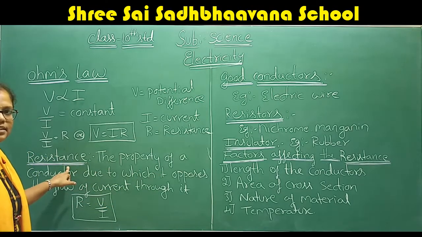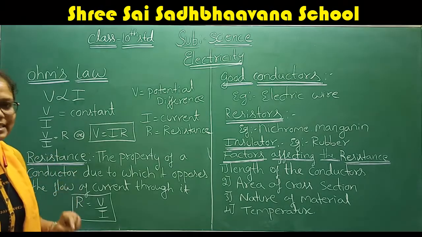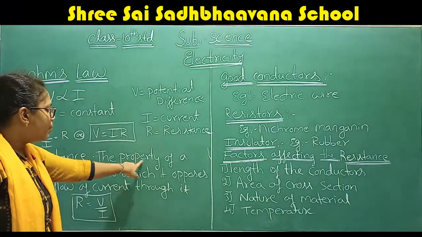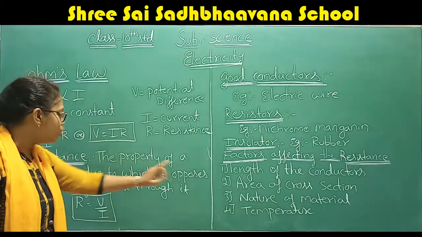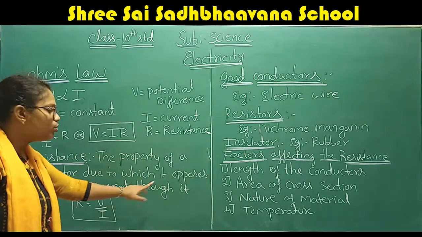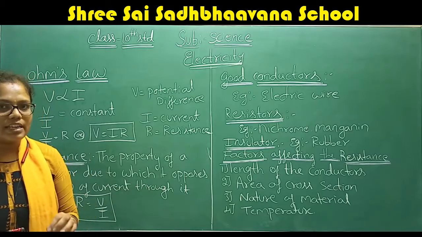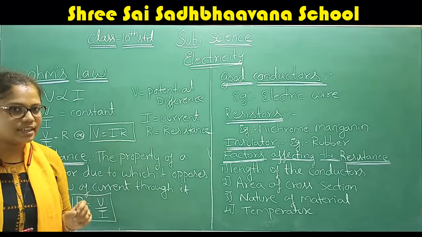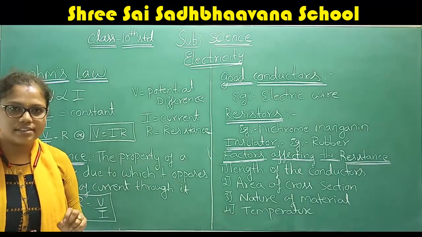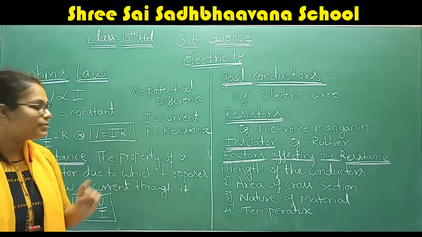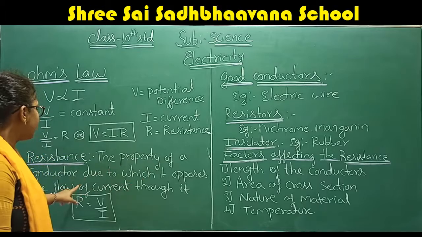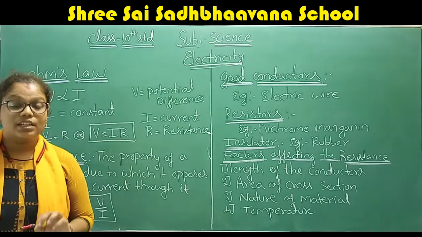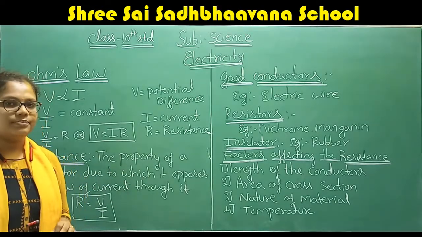What is resistance? The property of a conductor due to which it opposes the flow of the current through it. Understood the definition of resistance? This is called resistance.